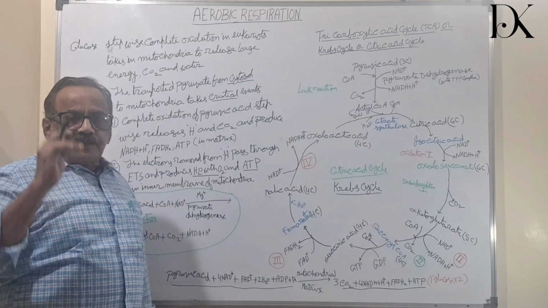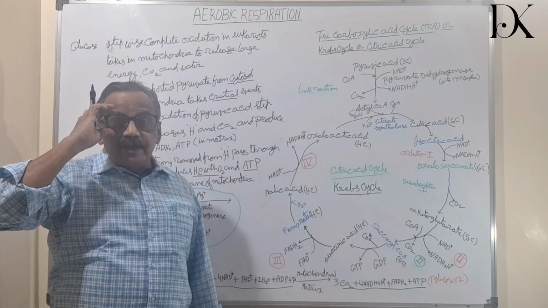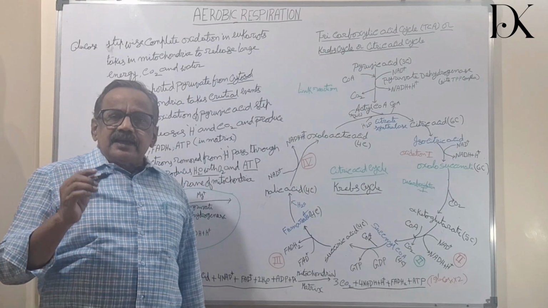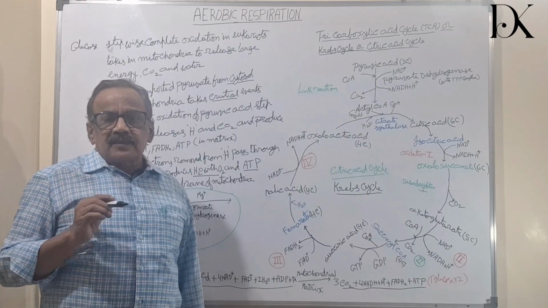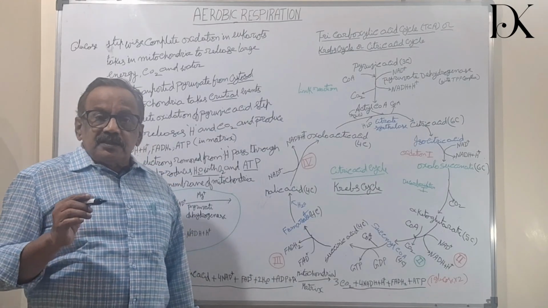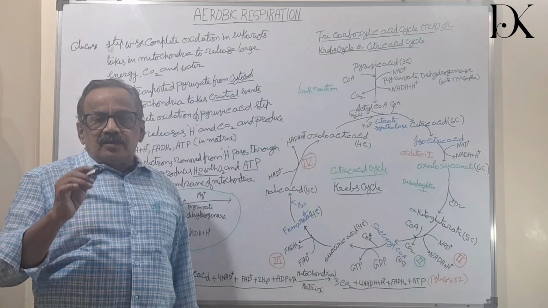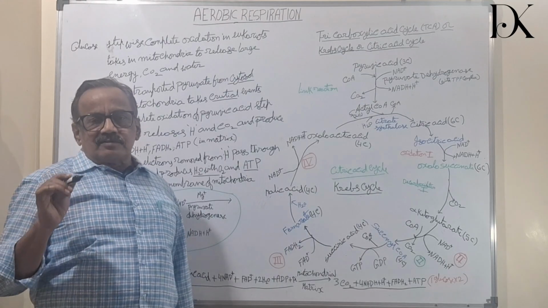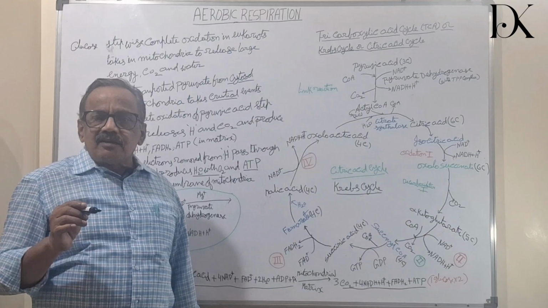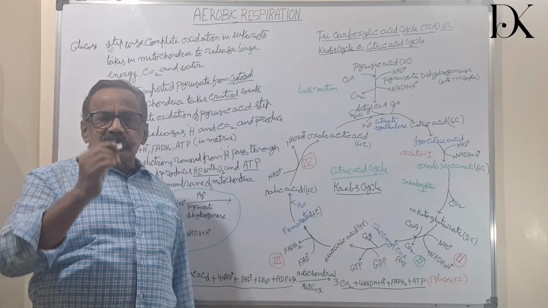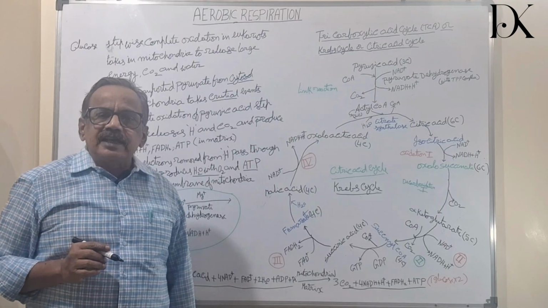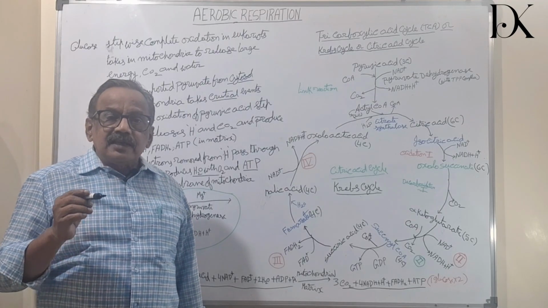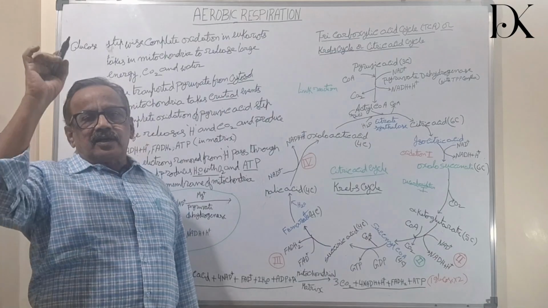Now the second step is, in the first step FADH2 and NADH plus H plus are produced. These will provide electrons, and these electrons will pass through the particular electron transport system and produce the ATP, in the inner membrane of mitochondria.